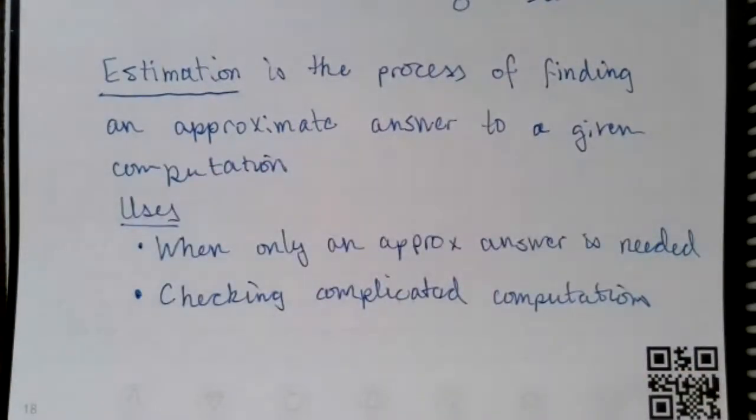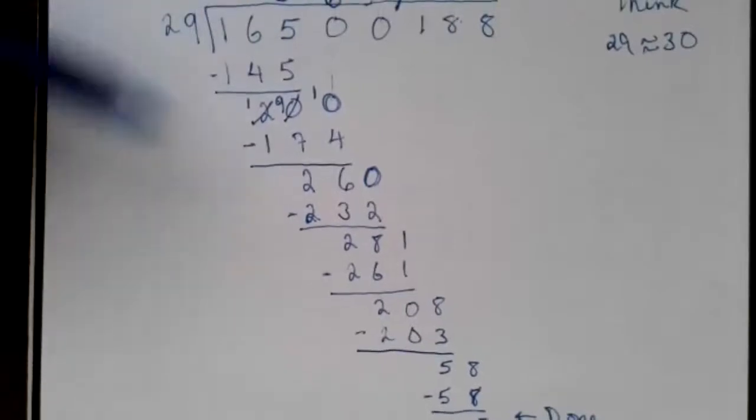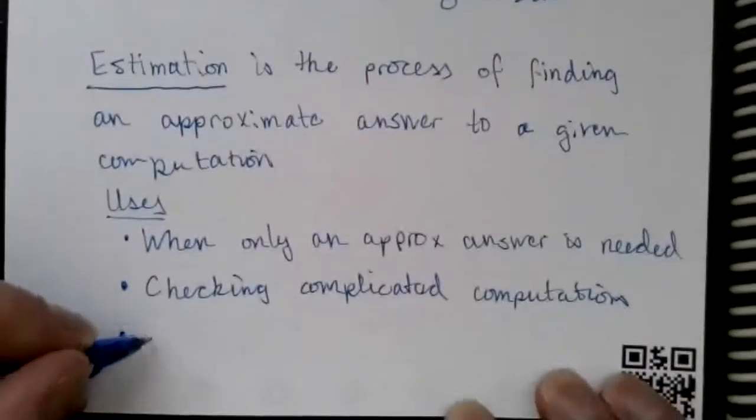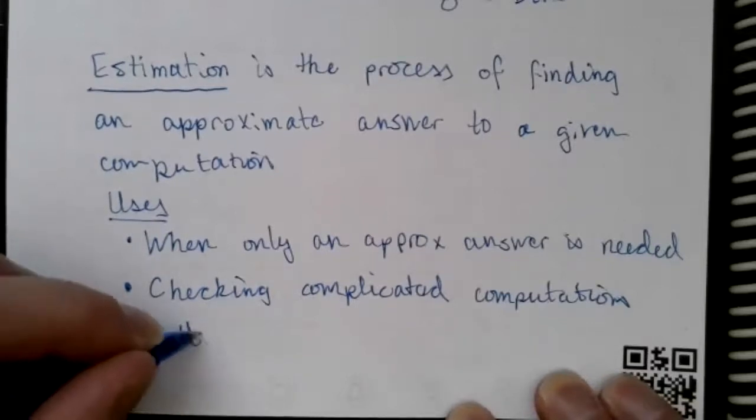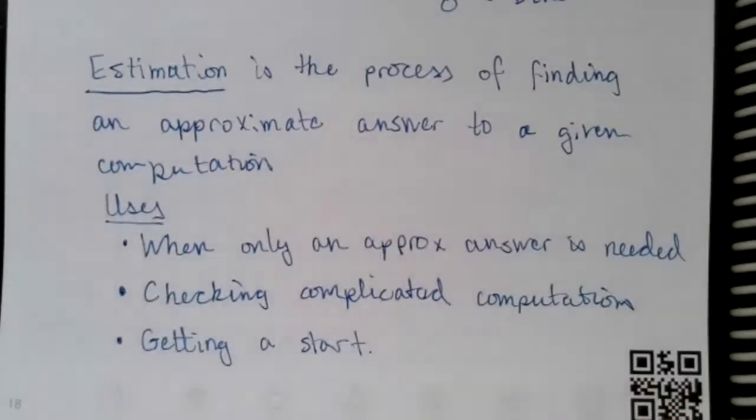If you're checking a complicated computation to make sure your answer is in the right ballpark, then estimation can be helpful. And essentially, this is the other thing to get you started on your way to finding the exact answer. In our work with that long division problem, the estimate of dividing by 30 is what got us started each time.